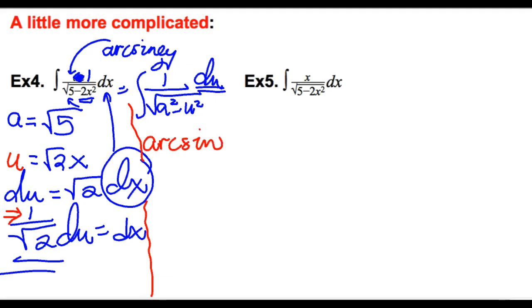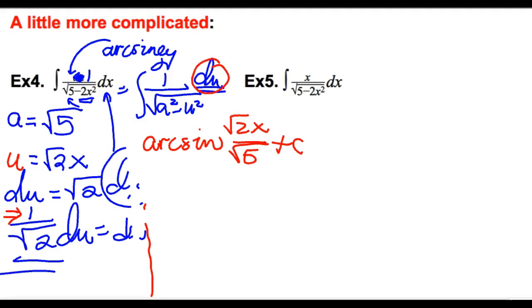U is root 2 times x over a plus c, but that's the person who forgot. You've got a fraction correction going on there, because when I write it with my du and replace that dx, I have to replace it with 1 over root 2 in this scenario. So this is really it.